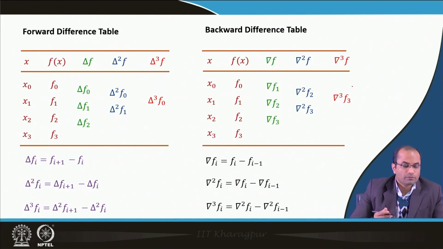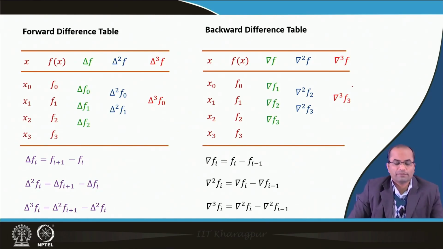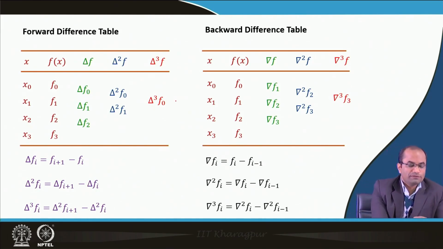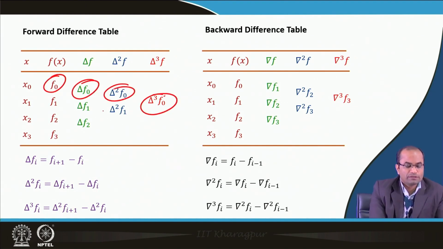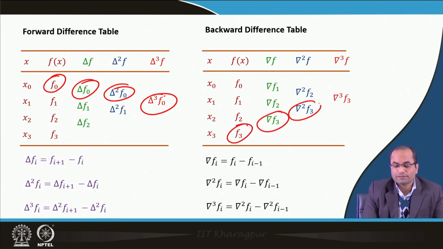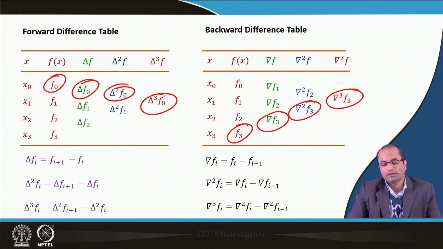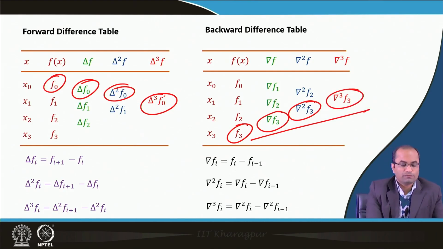Usually we will observe in Newton's forward and backward difference formulas, in the forward difference formula we will be using these values from the forward difference table, whereas for the backward difference formula, these values will be used.